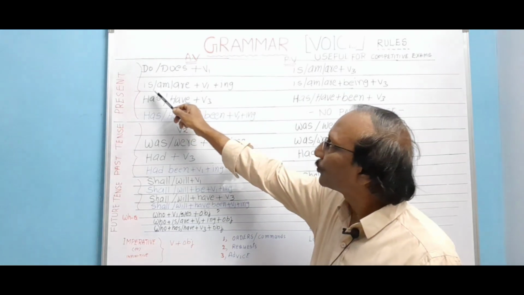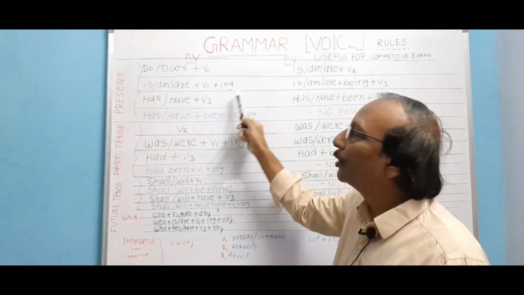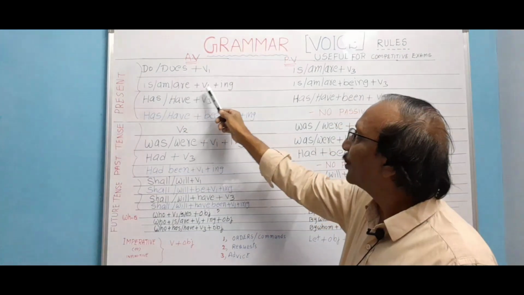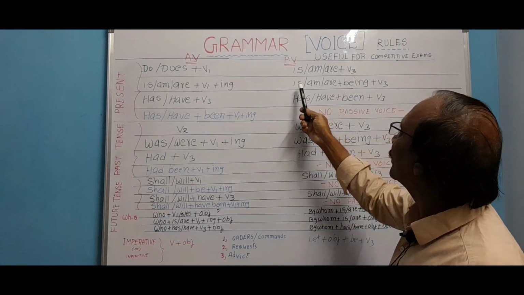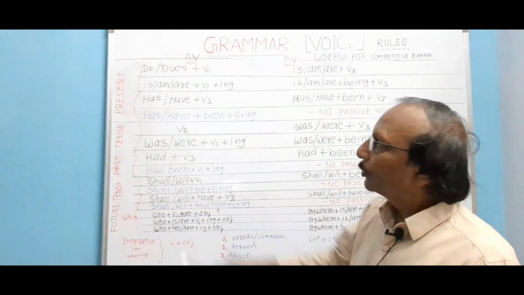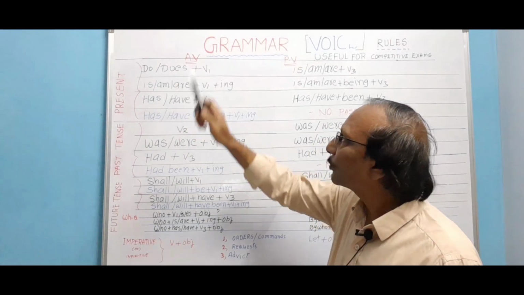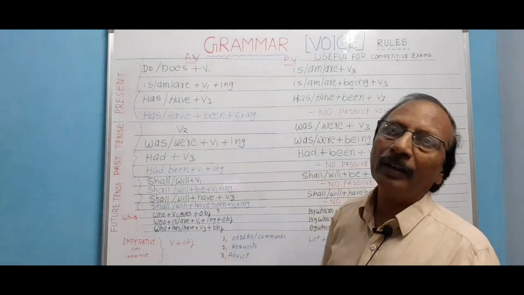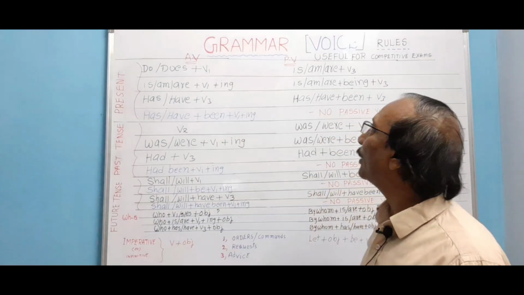Now let us see is, am, are plus V1 plus ing form. It comes in present continuous. When there is am, is, are plus V1 plus ing in present continuous, the passive voice is is, am, are plus being plus V3. If it is third person singular, is will come here. If it is a plural form, we use are. Let us see. He is writing a letter. He is writing, write plus ing form, writing a letter.